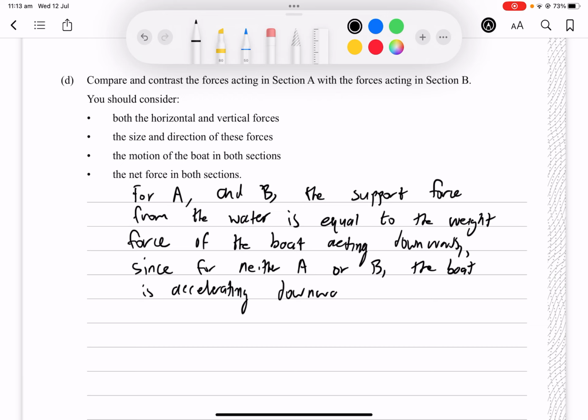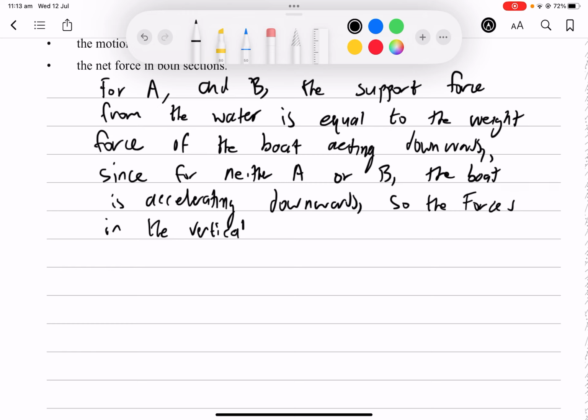So the forces in the vertical direction are balanced, so there's no net force in the vertical direction.